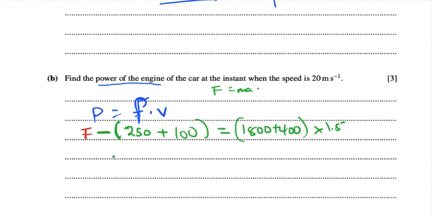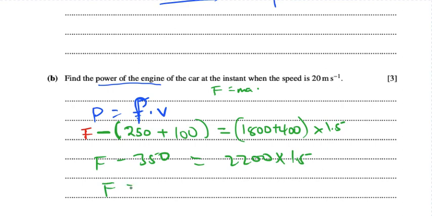So 250 plus 100 will give us 350, so F minus 350 is equal to 1800 plus 400, it will give us 2200, but times 1.5.